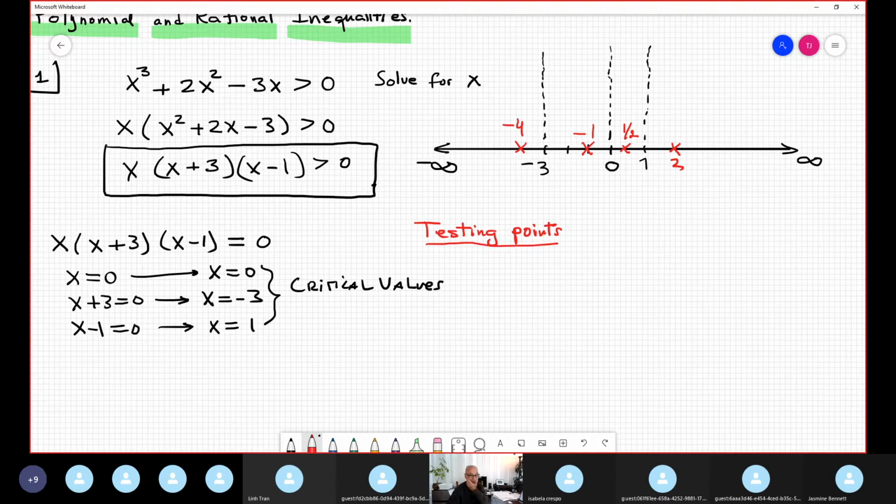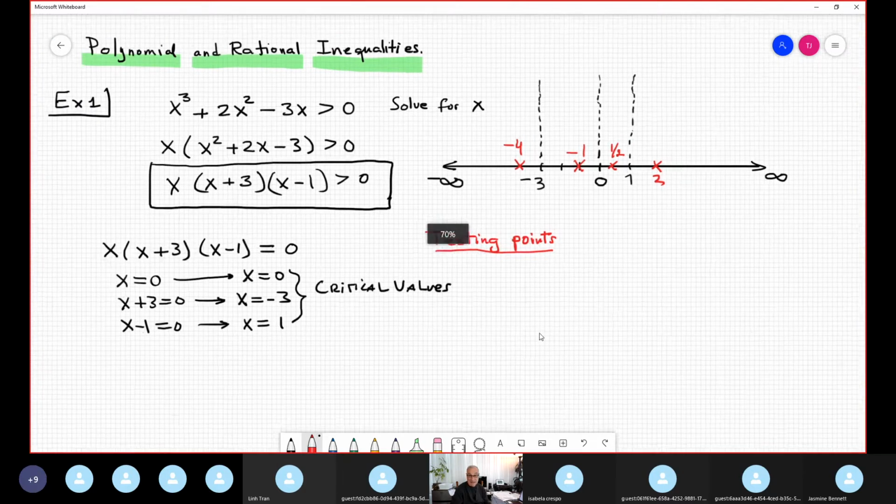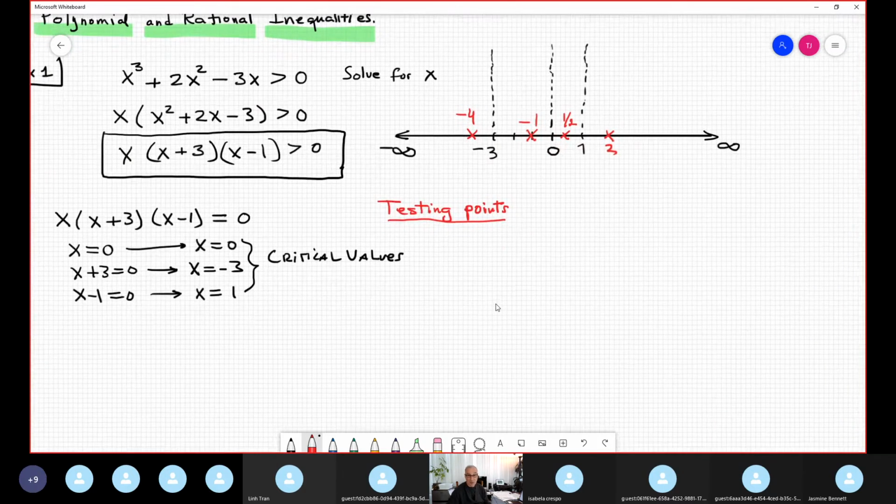So what should I do with the testing points? Well, I create a table and test each point one by one to verify okay, the point passes or does not pass the test. So I list the testing points. TP indicates testing point.